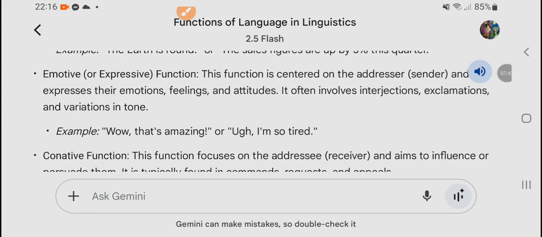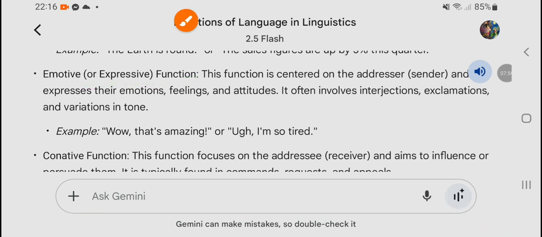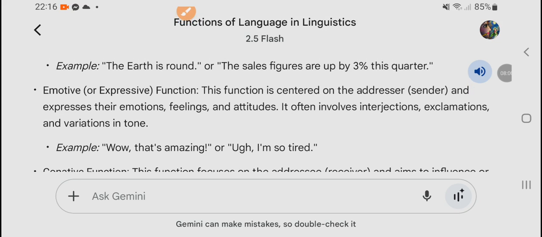Number 2, emotive. Emotive, as the name suggests, is about emotions, right? Expressive. When we express something. This function is centered on the addresser, the sender, and expresses their emotions.